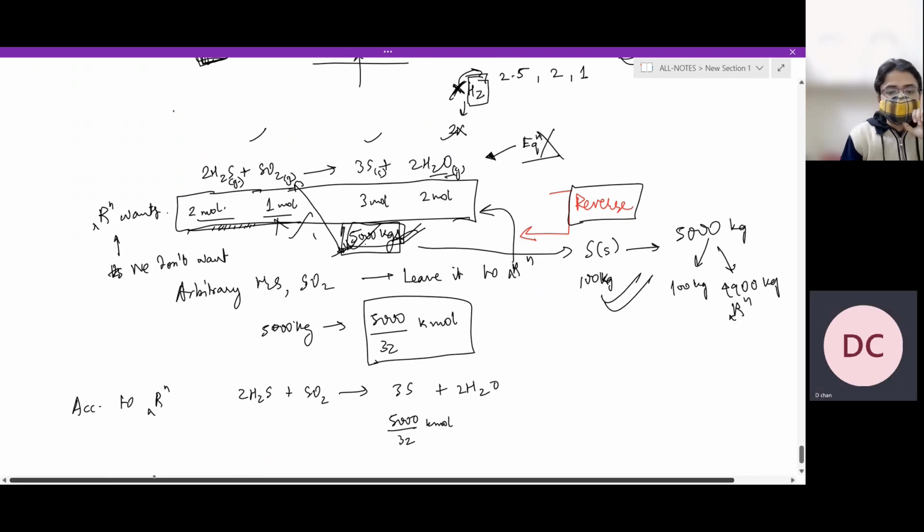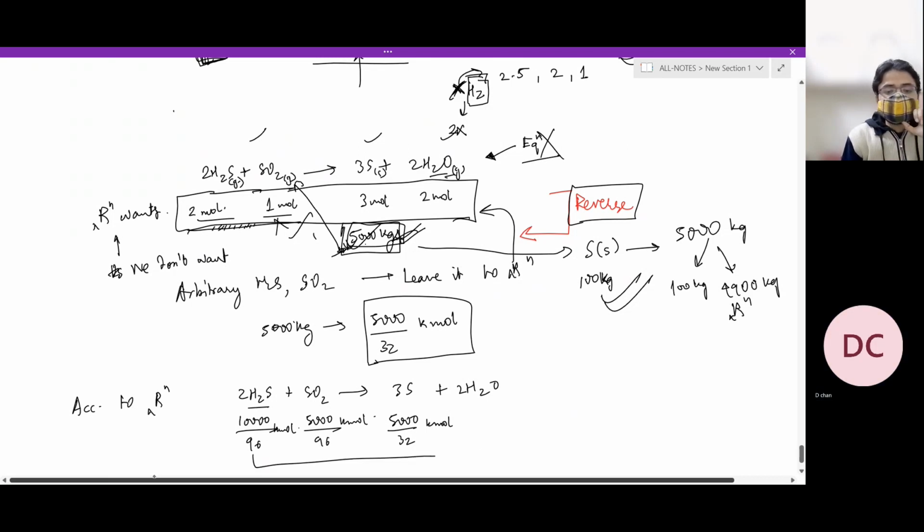So that implies that 1/3 of this would be the amount of SO2, that would be 5,000 over 96 kilomoles, okay? And 2/3 of this would be the amount of H2S, that would be 10,000 divided by 96 kilomoles. Not formed, reacted, sorry, because it's on the reactant side. And an identical amount would be the amount of water vapor that is formed.